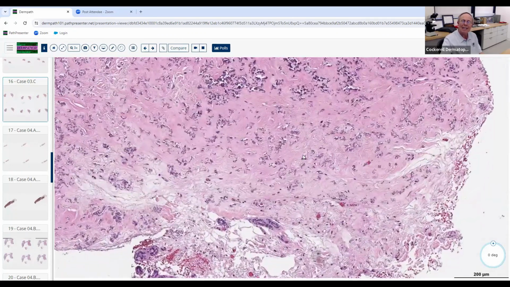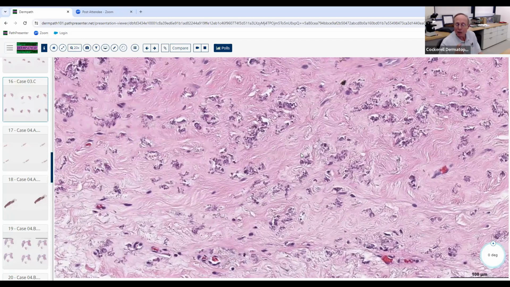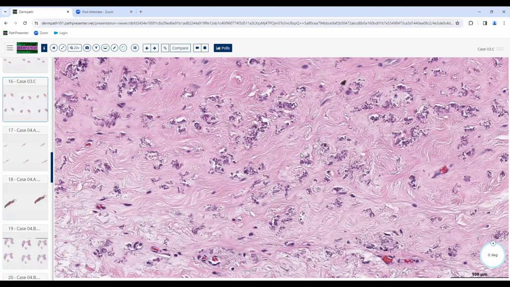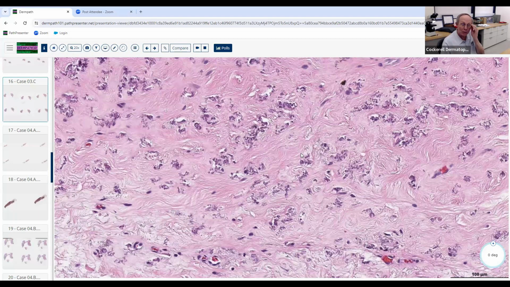Now, there's one other setting where you can see PXE-like changes. It can be idiopathic, not associated with any disease, as a reaction pattern sometimes in patients that have had C-sections and people that get stria and things like that. They can sometimes get a secondary PXE-like change, and you can even see that in other sclerosing conditions like necrobiosis lipoidica.